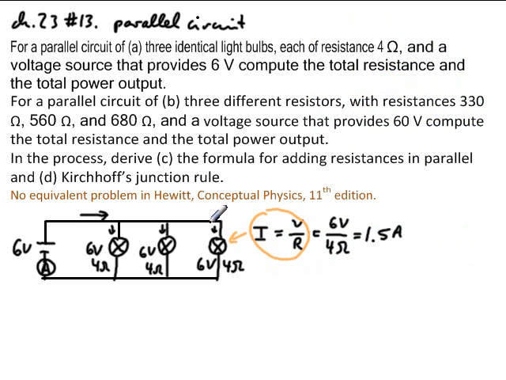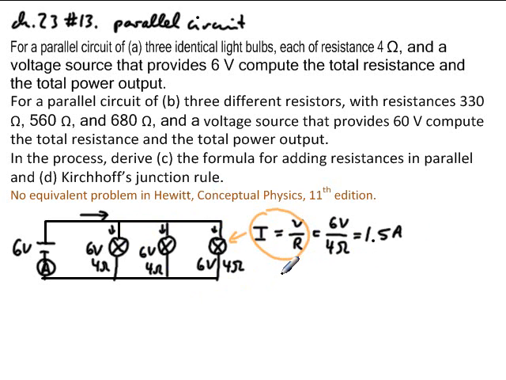That means that 1.5 amps is flowing through this light bulb, 1.5 amps through this, 1.5 amps through this. Incidentally, that was the same current that was flowing through that simple circuit from a couple of problems ago, and that means that at some point we're going to expect that each of those light bulbs in the parallel circuit has the same brightness as the single one from the simple circuit. Okay, so through each one of these here, it's 1.5 amps flowing through.